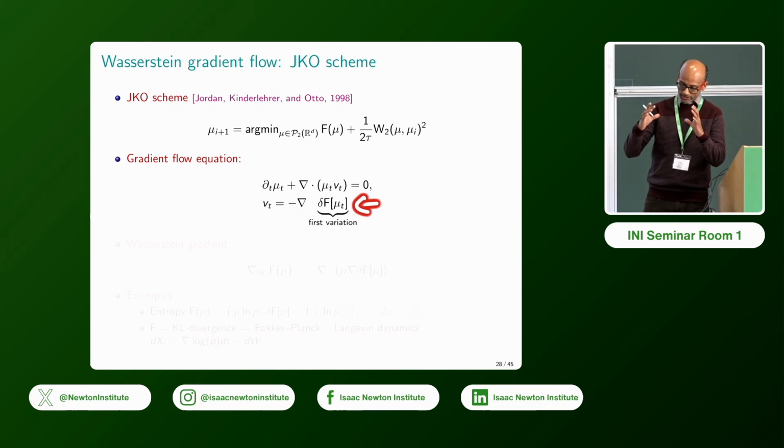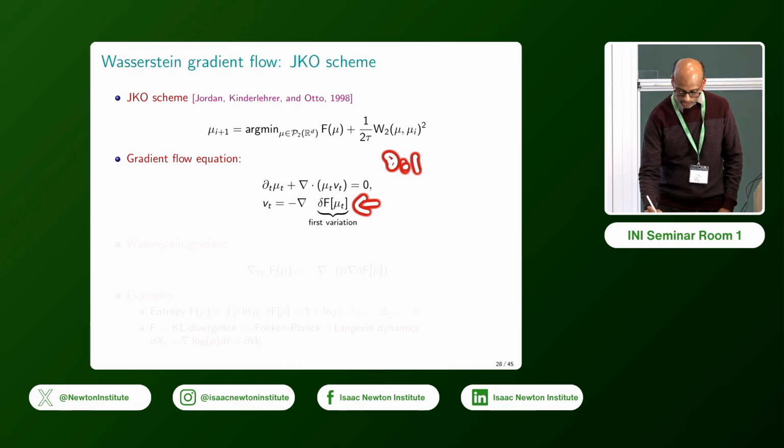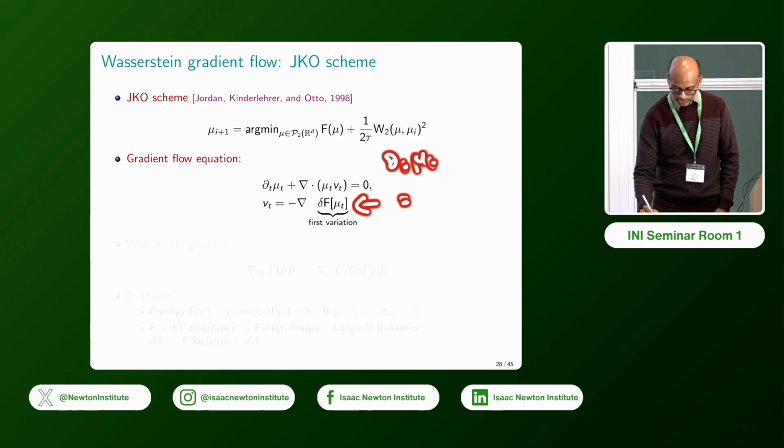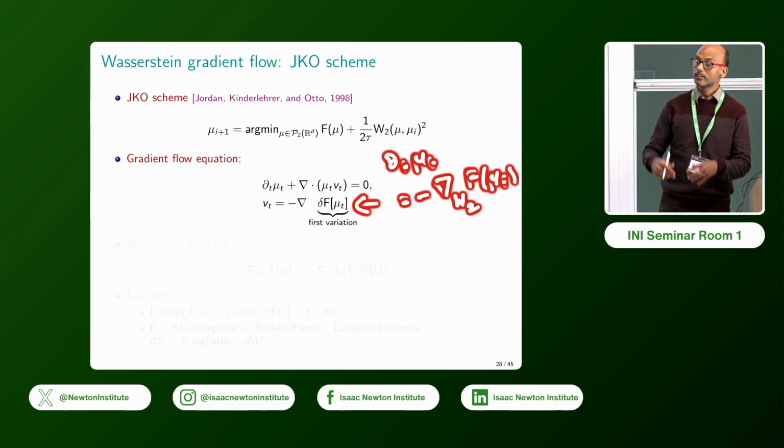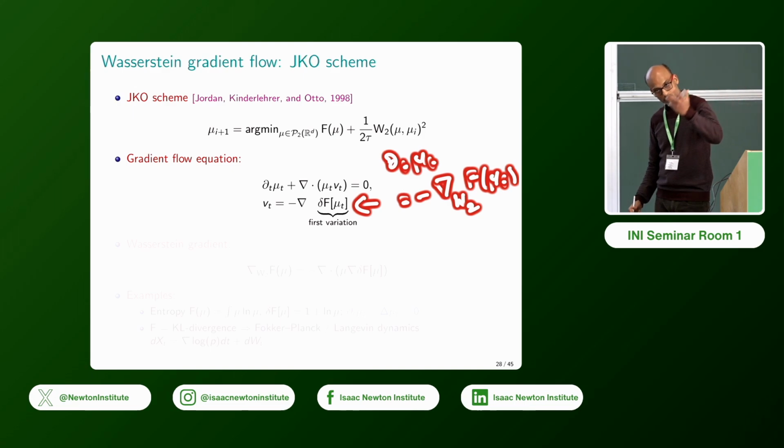So this they established, which means now we can write your ∂t μt. If I want, I can write this as the negative gradient W2 of f of μt, right? So if I write an equation like this, it is precisely my gradient flow. I still don't know what I mean by gradient W2 of f, but that is basically the gradient of my functional in W2, and that is my gradient flow equation.